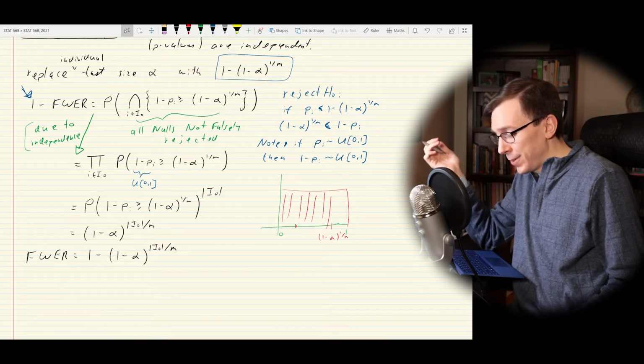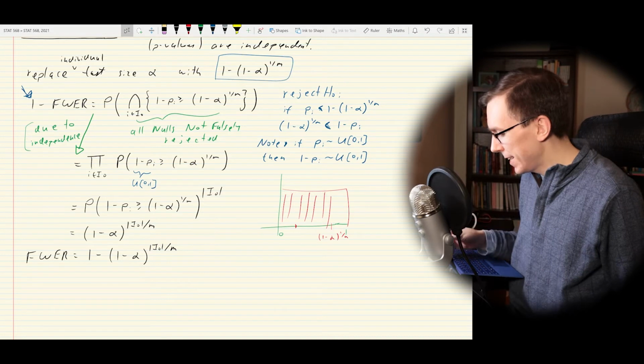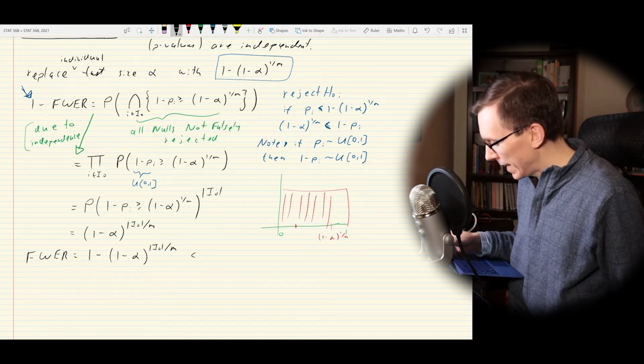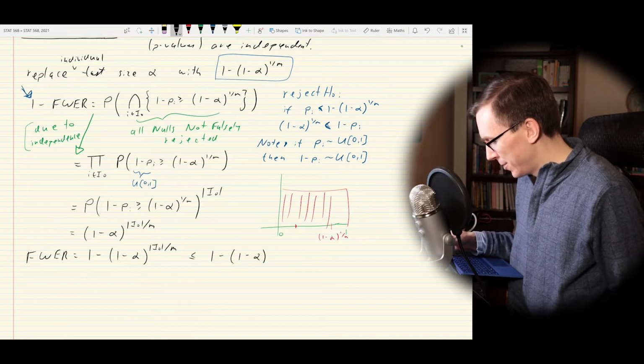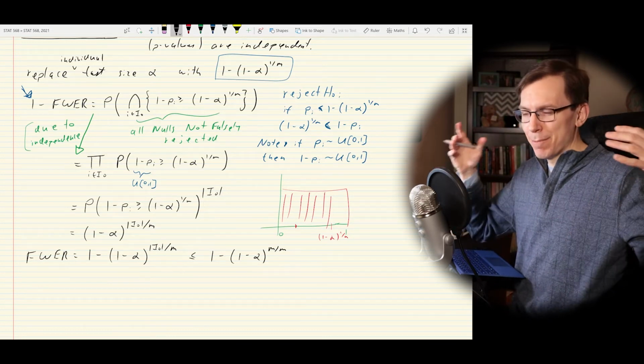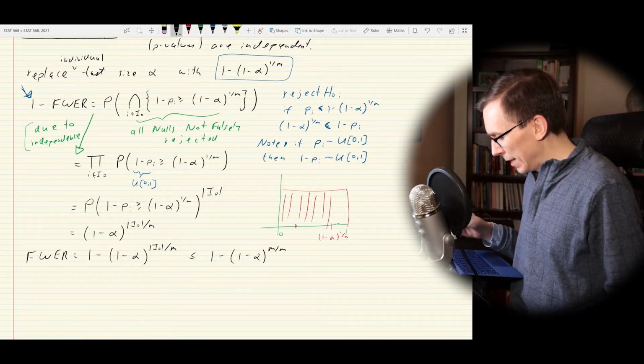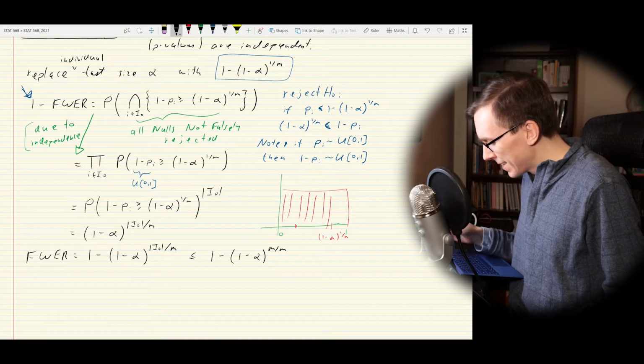And then we're going to do exactly what we did before, which is say that this has to be less than or equal to 1 minus alpha to the m over m, because I naught can have at most m different elements inside it.